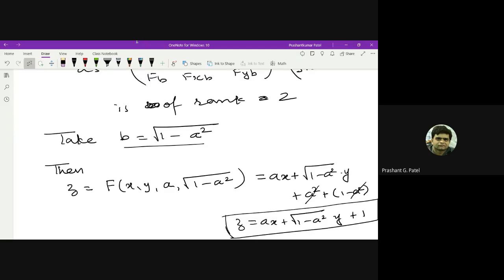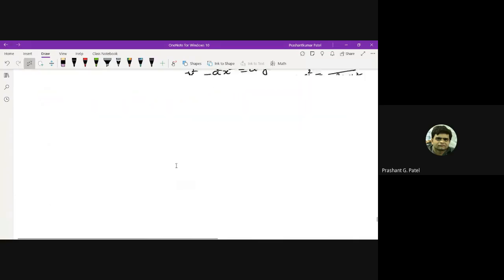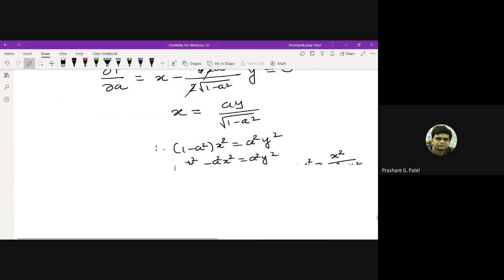The last thing that we need to mention, that was the lemma which we have discussed. So here this is the example, and we'll talk about the same example: what will be the singular integral for that?